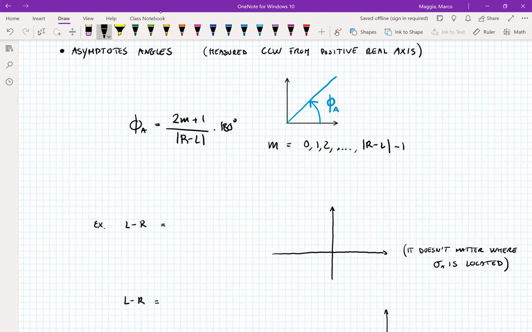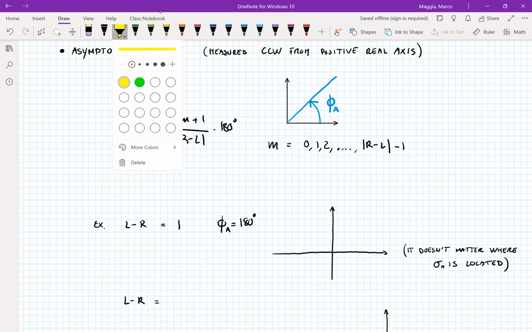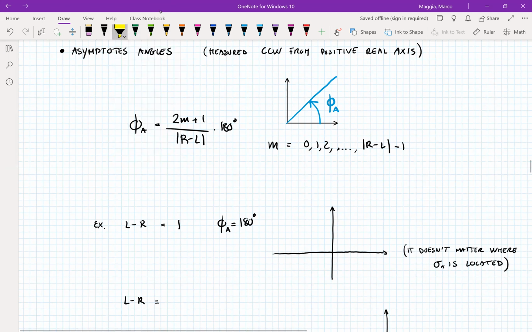So if, let's say, L minus R is equal to 1, then the angle is 180. So the asymptote is just the real axis that goes all the way to minus infinity. That's why the 180.